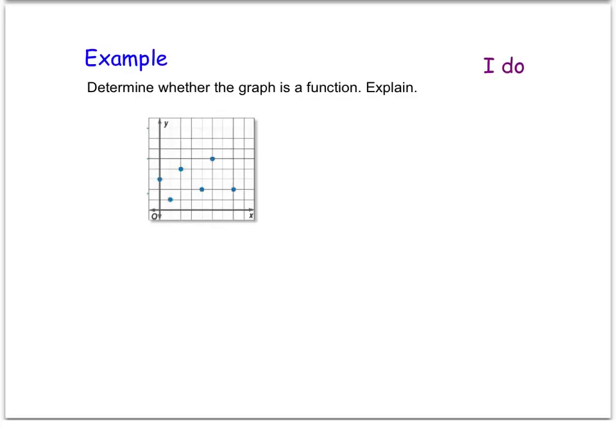All right, now we're going to determine if the graph is a function. And when we do that, we do what's called the vertical line test. And so we have a vertical line, and you can sketch this graph on your paper as best you can. Try and be as accurate as possible.